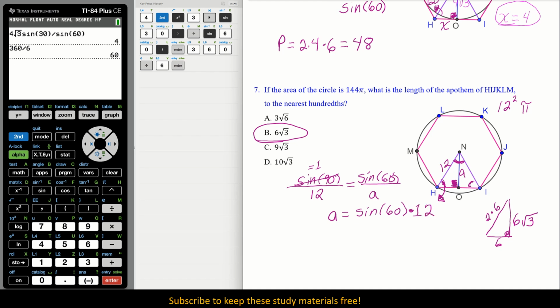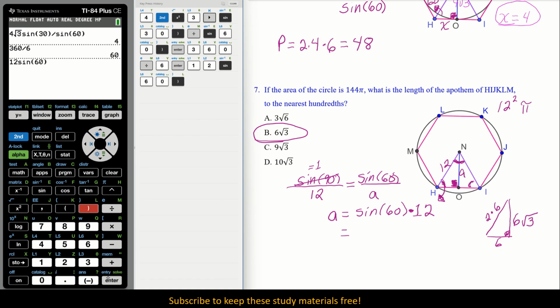And then if we put that in the calculator, we should be fine. But we're going to run into an issue, and I'll show you in a sec. 12 sine of 60. Well, that's going to give us a decimal. And our calculator will not give us terms in square root. Now there are some calculators that will, the TI-84 will not.